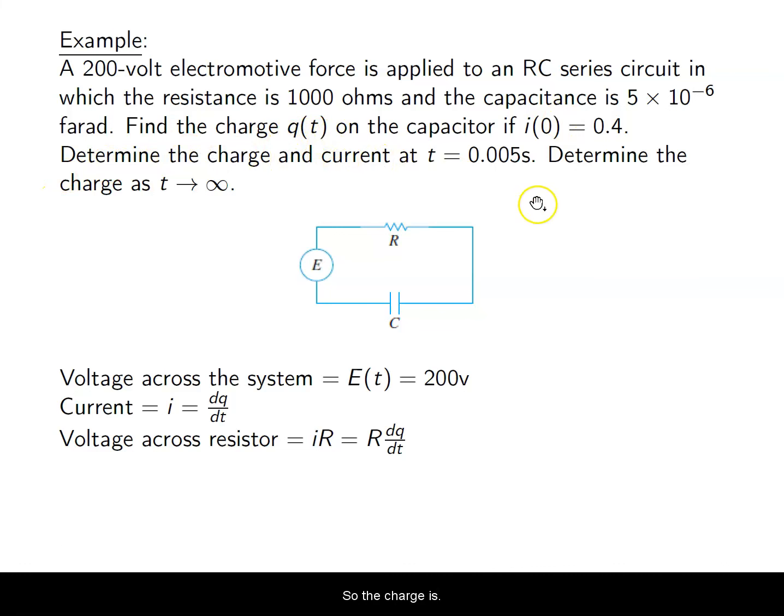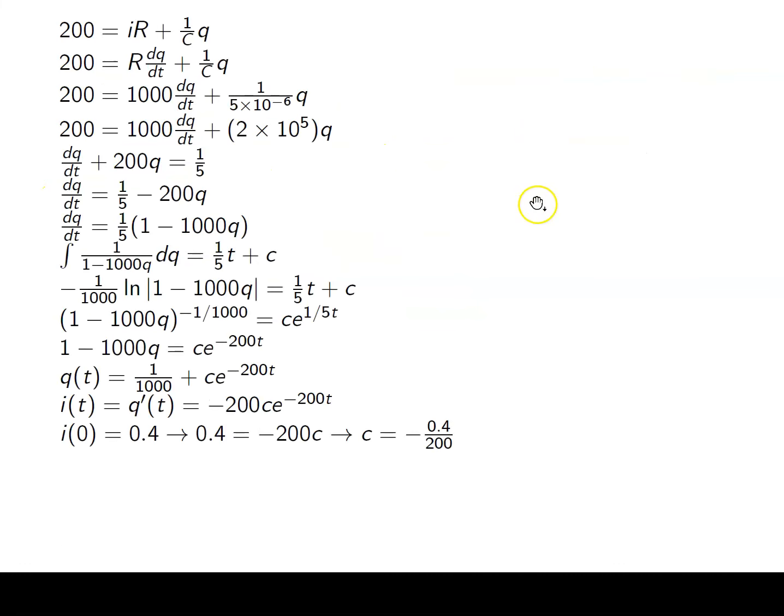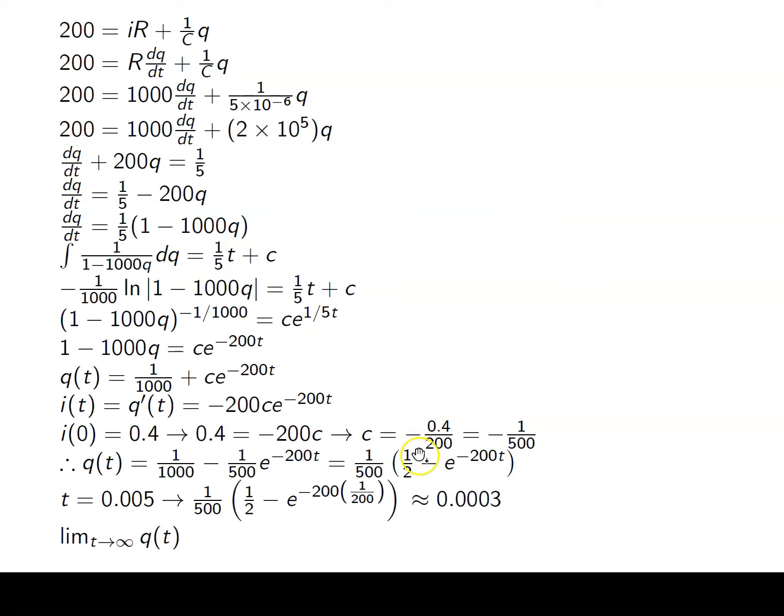So the charge is 0.0003. And the limit of this as t goes to infinity is going to be 1 over 1,000. If I'm looking at my function, as t goes to infinity, this part pretty much just dies off, and I'm left with 1 over 1,000, or 0.001.